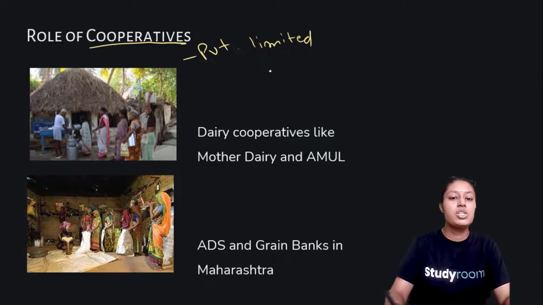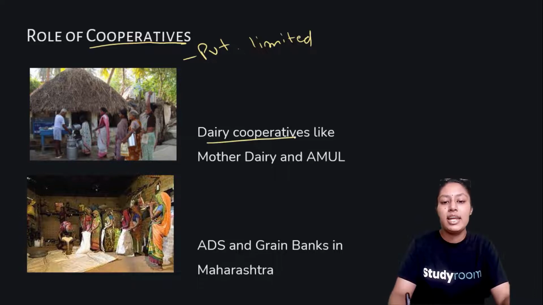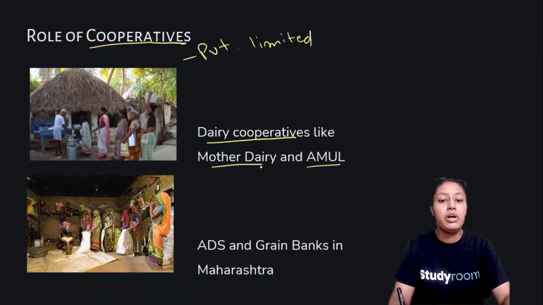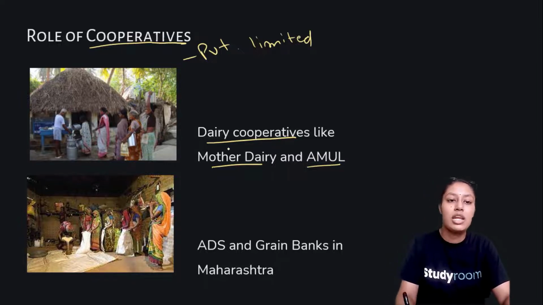Majorly two roles are there. One is the dairy cooperative. We have heard of the companies Mother Dairy and Amul. These companies take a commodity from these people and give them money instead. This is the dairy cooperative.